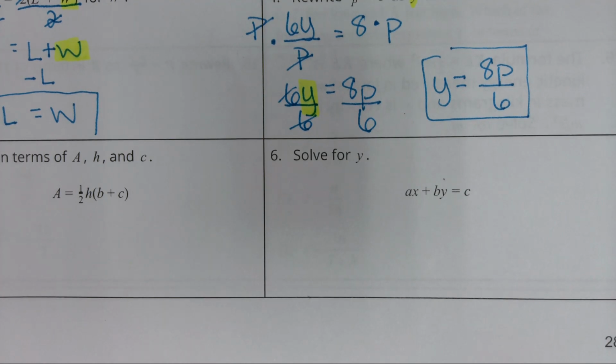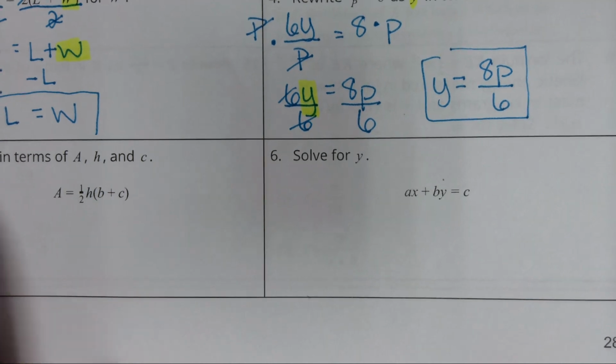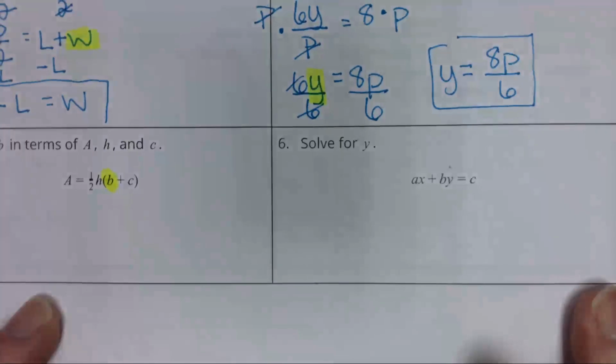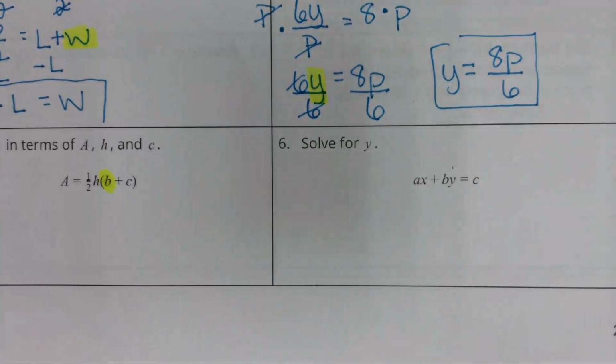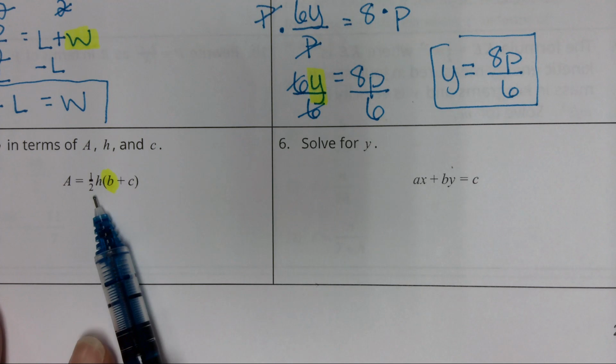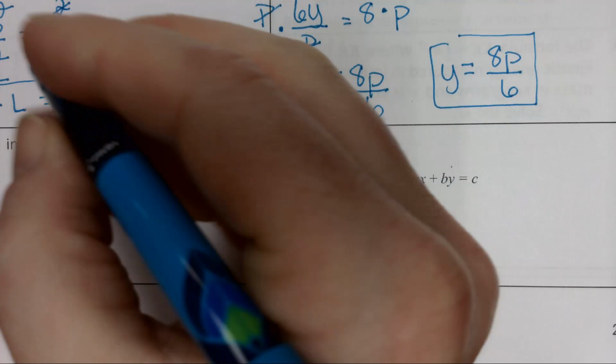Okay, yikes, I gotta get the B alone. So I have 1/2, that's the same as dividing by 2, so the way I'm going to get rid of my divided by 2 is to multiply both sides by 2.